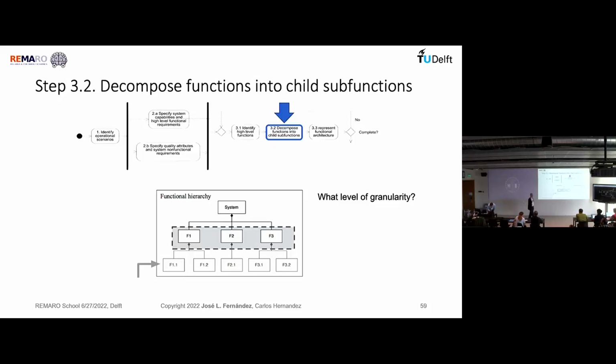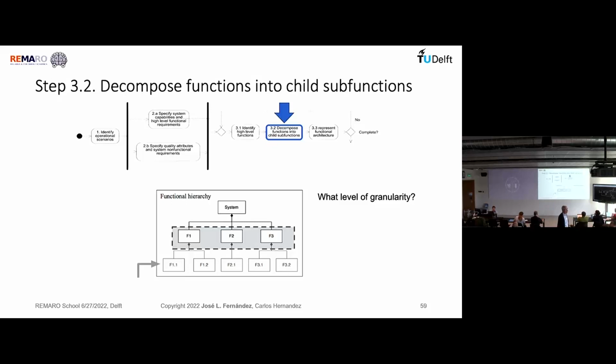What is the criteria to know that the tree is deep enough? I want you to think. What is the criteria to know if the functional hierarchy is enough?